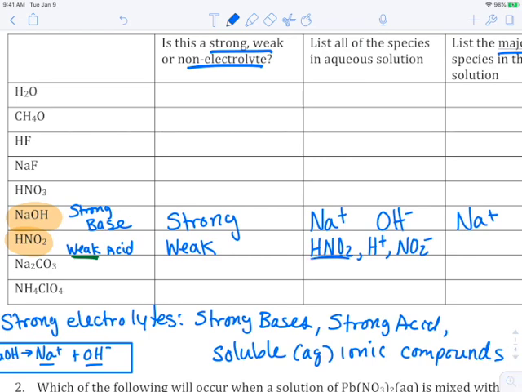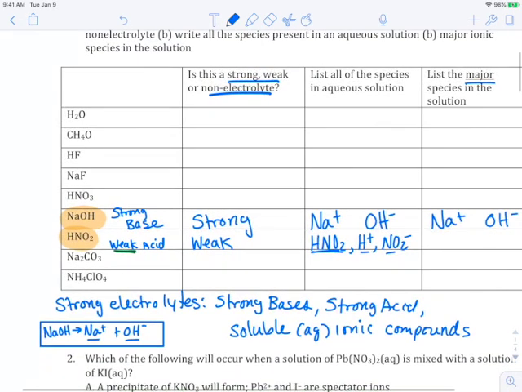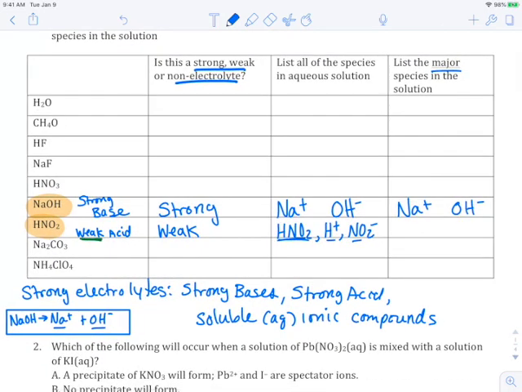You're going to have the molecule as well as the ions. But when we go to the major species, if it is weak, the major species is the molecule. We only get a few of those ions. So any questions about how we did NaOH or HNO2?